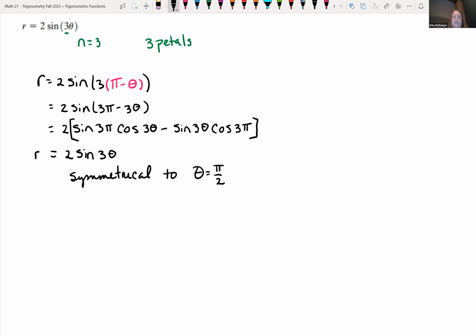So to test to see if it's symmetrical across the pole, we would plug in negative r for r, and I can see that that would change my equation. So that test doesn't work. And we can plug in theta plus pi for theta. So if we do that, we get r is equal to 2 sine of 3 times the quantity theta plus pi.